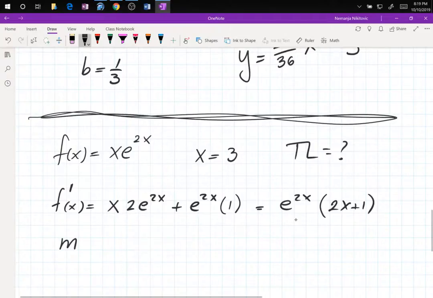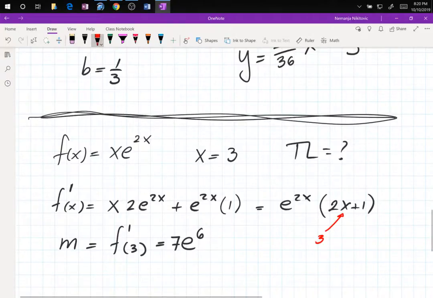Your slope m is, when you compute 3 inside the derivative, so e to the 6 times 7e to the 6. How about that? Boom. Because you will plug in this value to be 3 and this value to be 3.